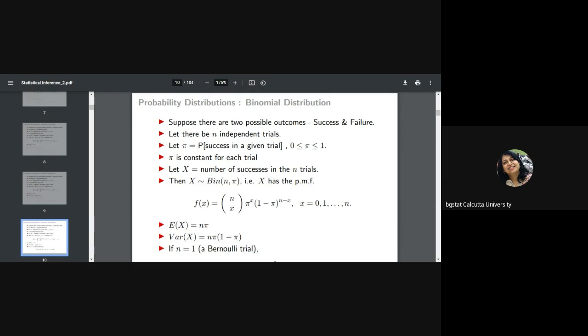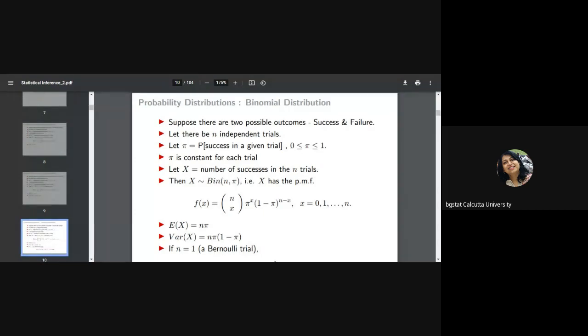So let me assume my random variable x is the number of successes in the n trials, and I want the probability that there are no successes in the n trials. So every one of the trials resulted in a failure. The way to calculate this would be to note that no successes means that small x is equal to 0.